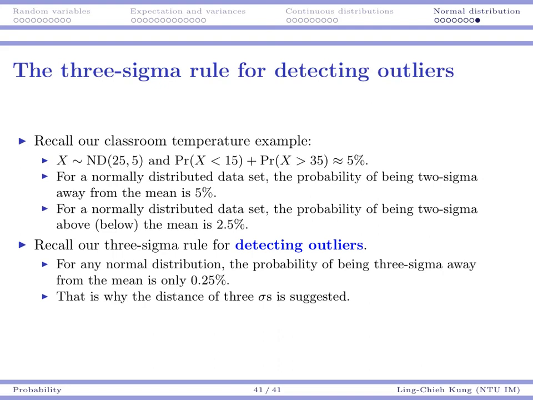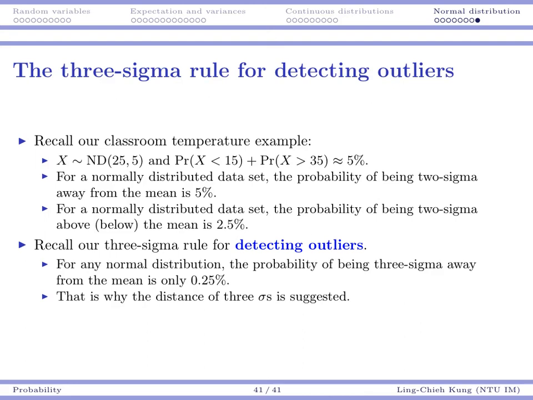Okay, so lastly, consider our classroom temperature example. We know that x has mean 25 and standard deviation 5, and we know the probability to cancel the class is about 5%. So that means for a normally distributed data set, the probability of being 2 sigma away from the mean is just 5% according to this.